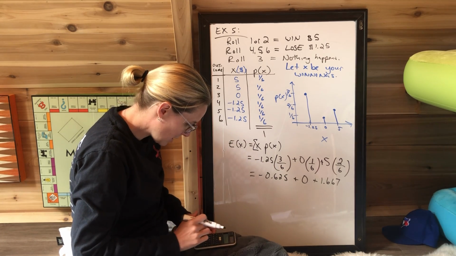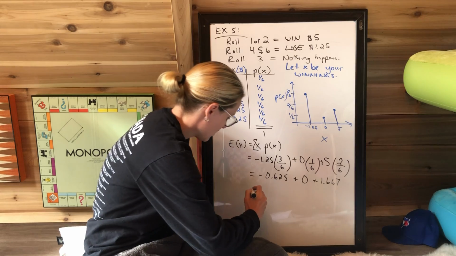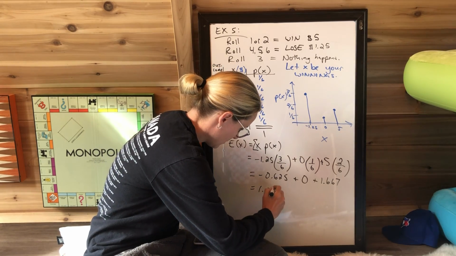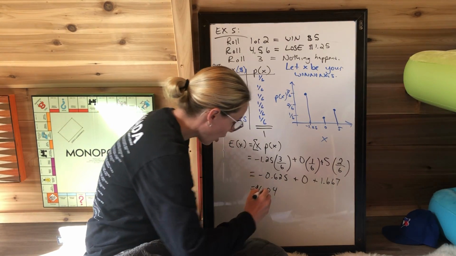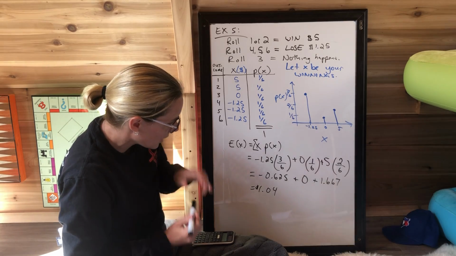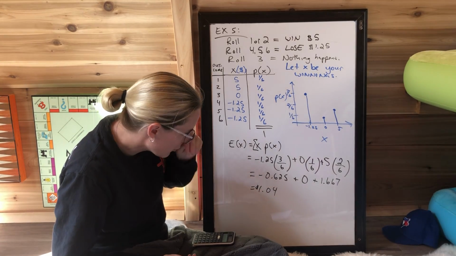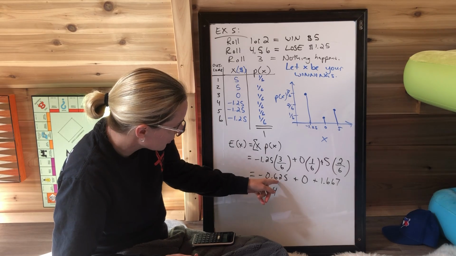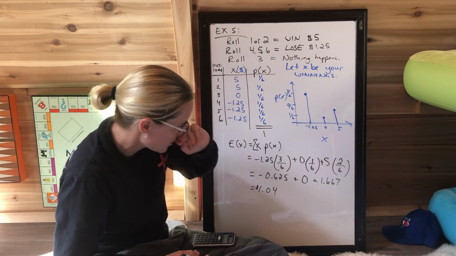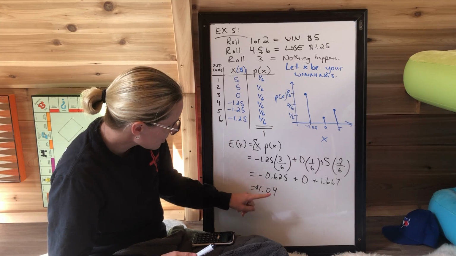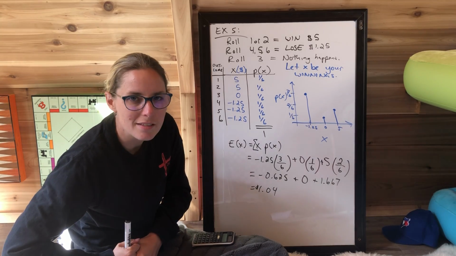So if we round it to the nearest value here, our expected value is actually $1.04. Okay, I think on the note I have $1.03. I obviously rounded earlier to 0.63 here and $1.67 there. Whatever it happens to be, $1.04 is our expected value.